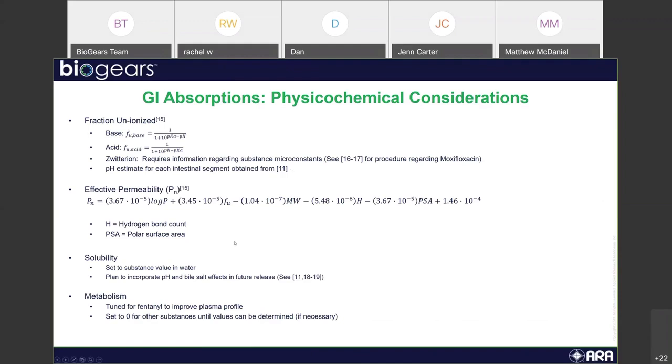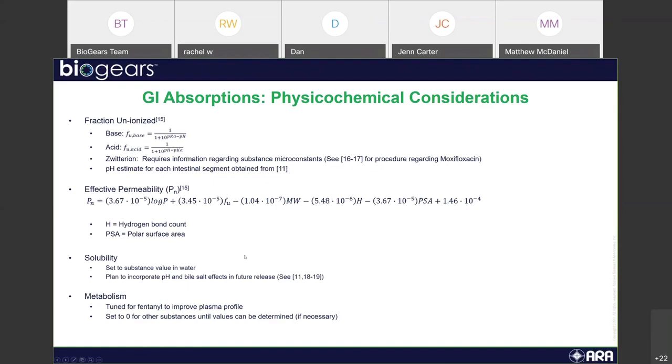Again, solubility, right now it's a constant value. We do plan to incorporate pH and bile salt effects in future releases. And the metabolism of a drug inside the enterocyte layer, we tuned that for fentanyl to help with the plasma profile. For other substances, it's set to 0 until we can determine what it should be, if it's even necessary.